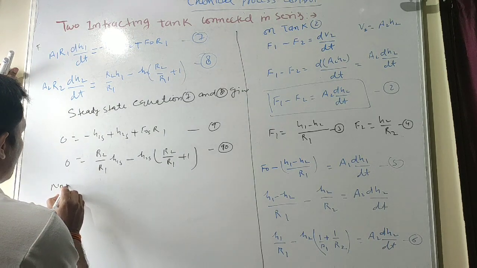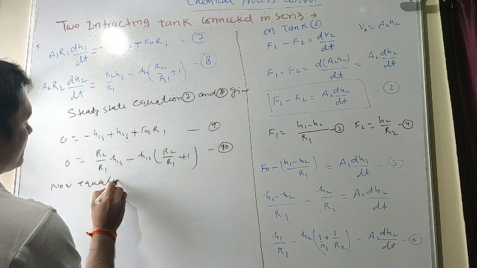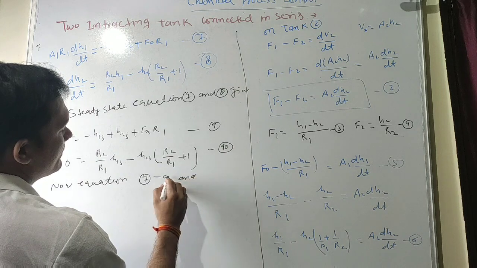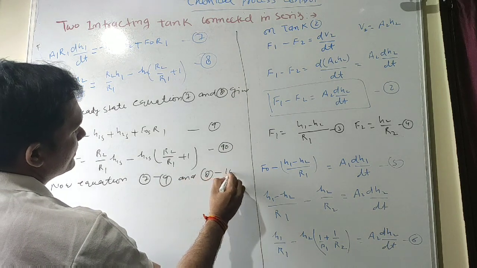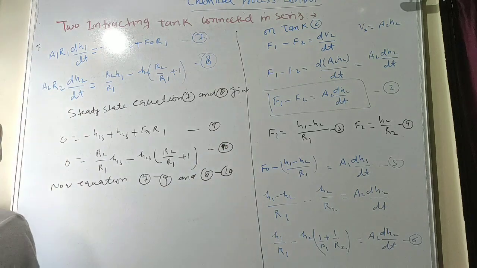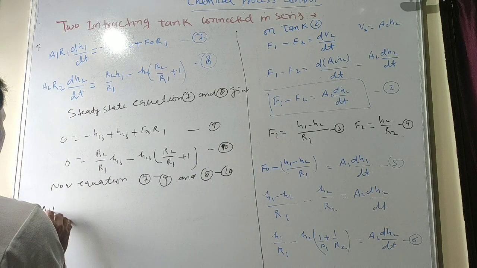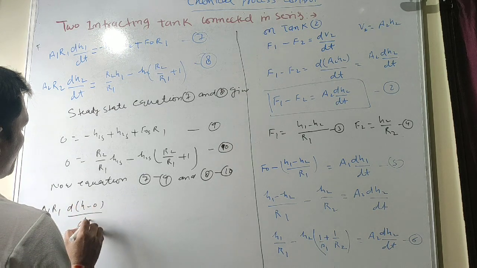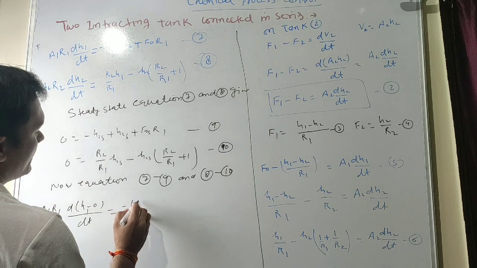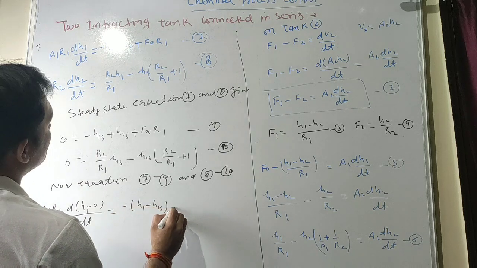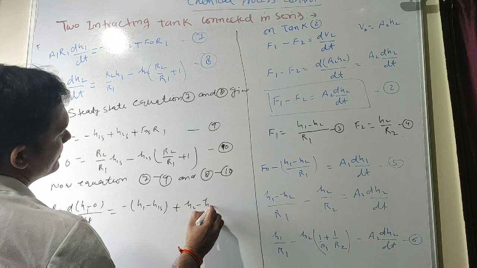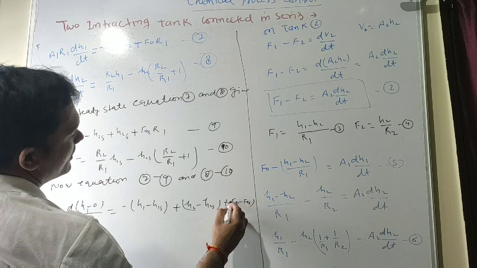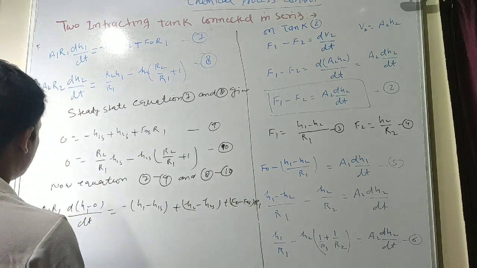Now equation 7 minus 9 and 8 minus 10, we will get A1 R1 dH1 minus 0 upon dt equal to minus H1 minus H1s plus H2 minus H2s plus F0 minus F0s into R1.